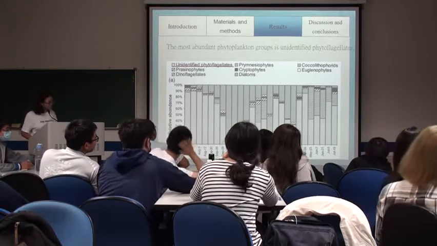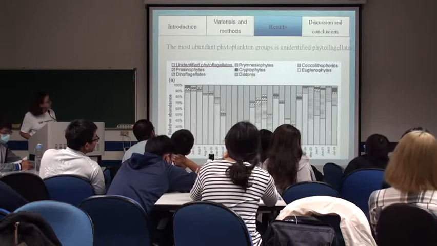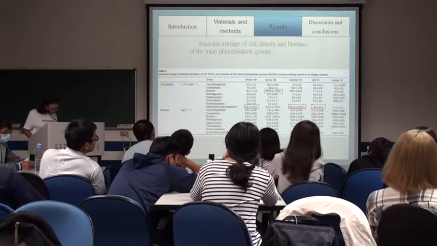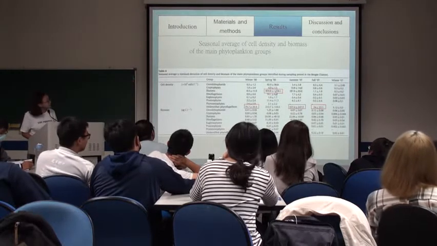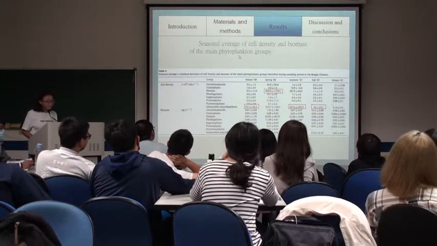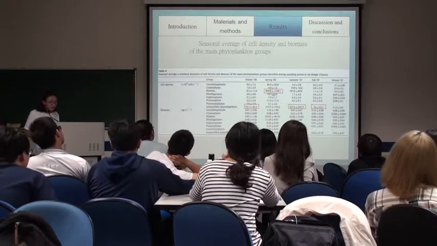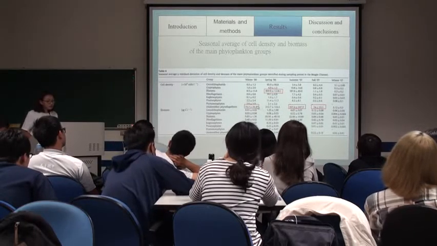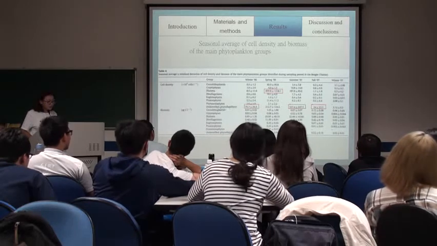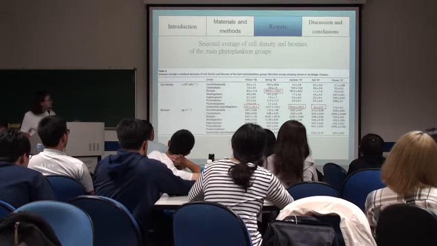And in this picture, we can see that in the spring the main phytoplankton group is the diatoms, and in other seasons the main phytoplankton group is identified by this group.